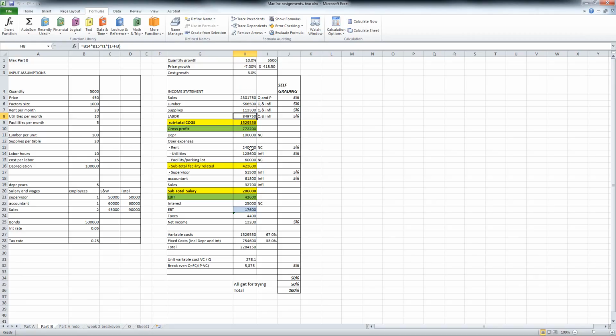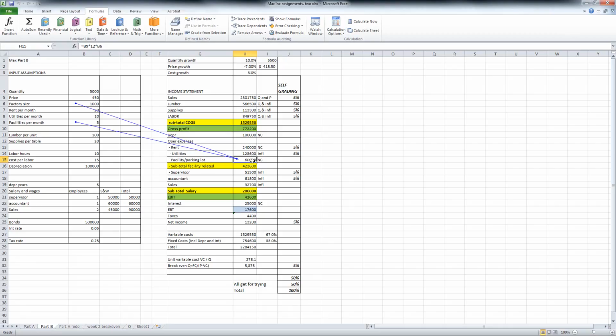In the case of rent, we said there is no change. NC over here means no change. Utilities, we said is going to go up by inflation, so obviously we got to account for the inflation. Again, size of the facility per month, there is a 12 in there also to account for the year, and then increasing by 3%. Same logic for facilities, but we said for the case of facility and parking, there will be no increase in growth rate.